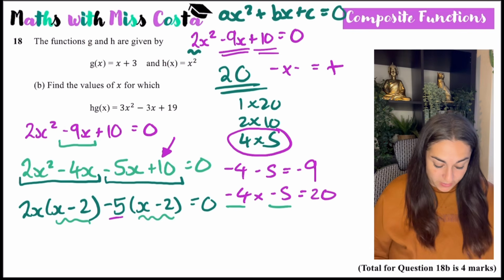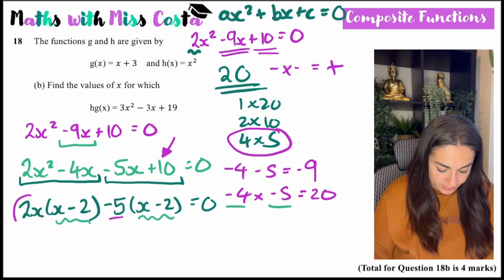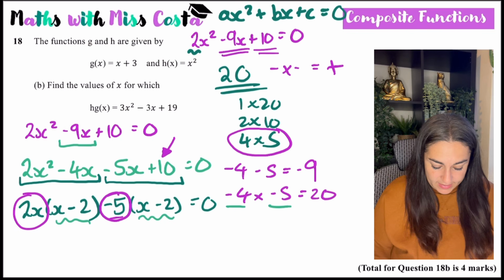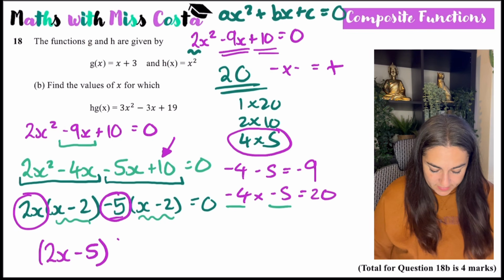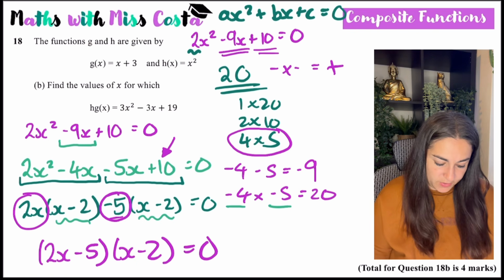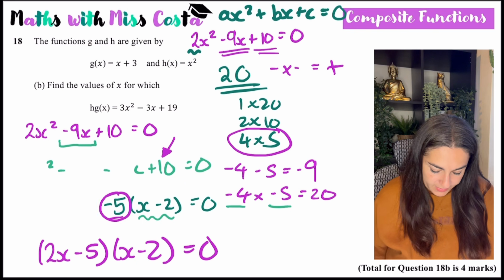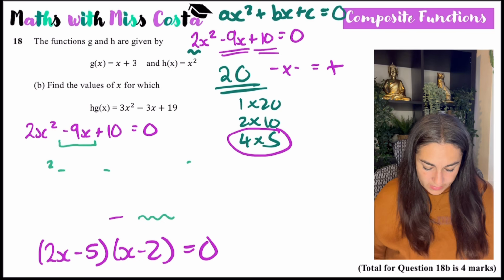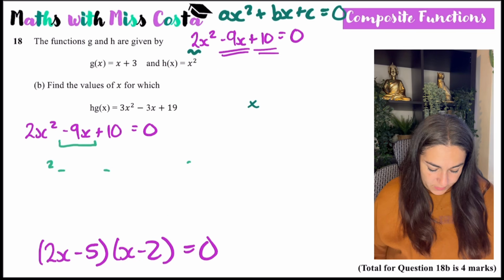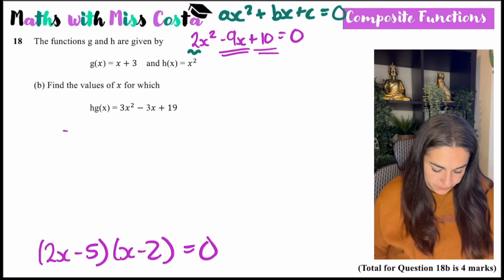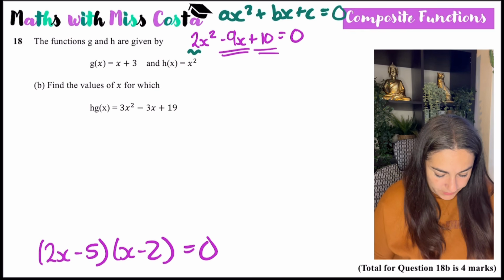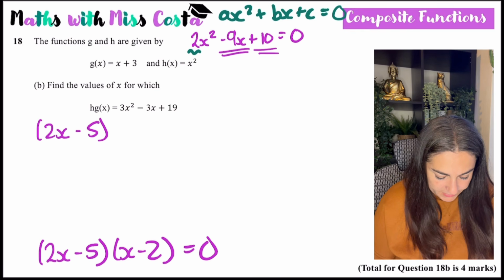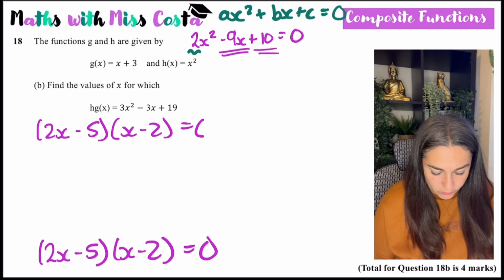And to factorize it fully, as in the final step, you take the bits that are outside the bracket and you put them in one bracket, and then you take the repeated bracket and that's your other bracket. So this quadratic factorized is 2x minus 5 and x minus 2. So we've got 2x minus 5, x minus 2 equals 0.